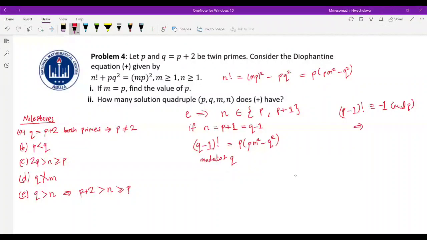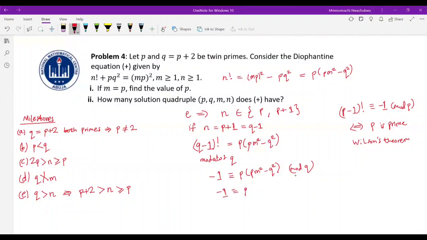So taking modulo Q on both sides, minus 1 is congruent to P into (Pm squared minus Q squared) mod Q. This Q squared can disappear here.